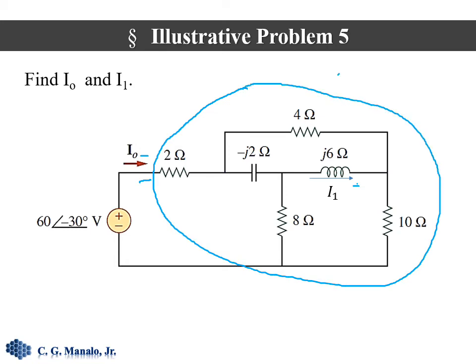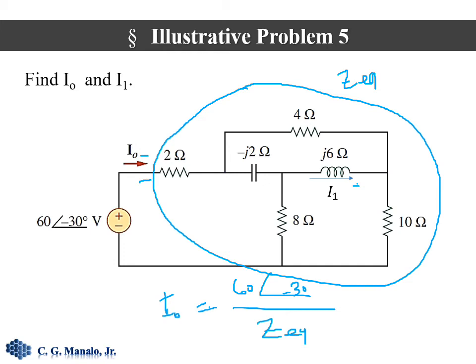Let's say this is Z sub EQ. So I naught would simply be equal to 60 angle negative 30 divided by Z equivalent. And we could also proceed to compute I sub 1 once we compute I sub naught.